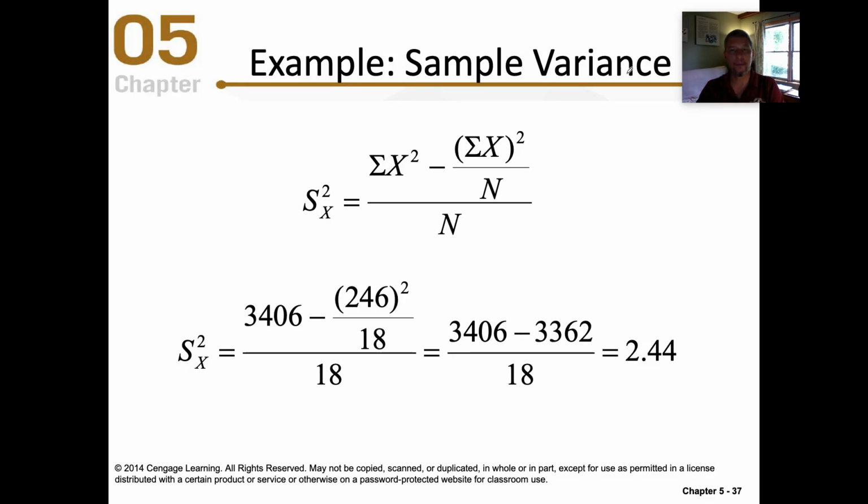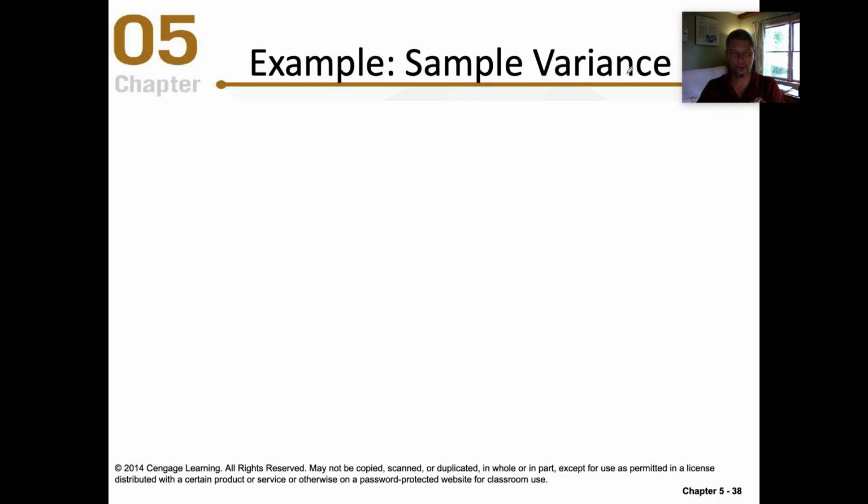But before we do this, let's take our data and make a quick little chart. I know for a fact that n equals 18, so I'm going to write that down right here. Then I'm going to make a list of all of the x values, and I'm going to write them in order from highest to lowest.